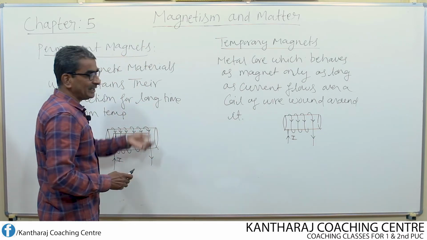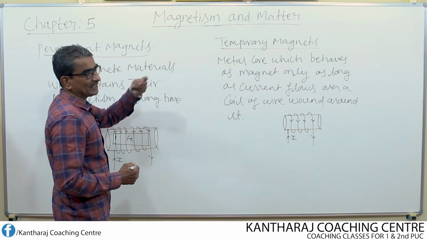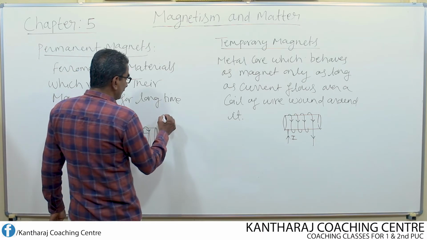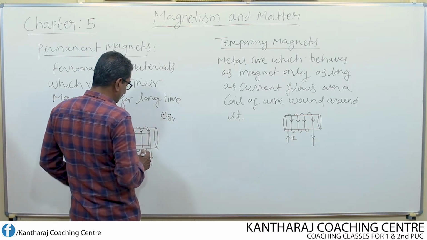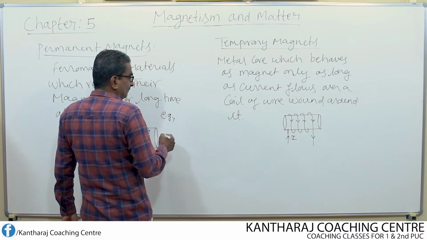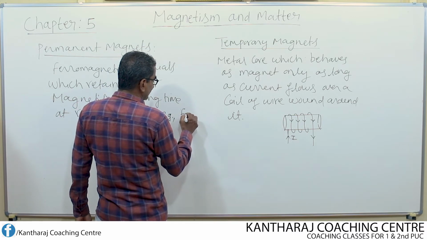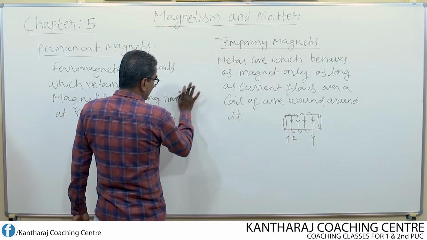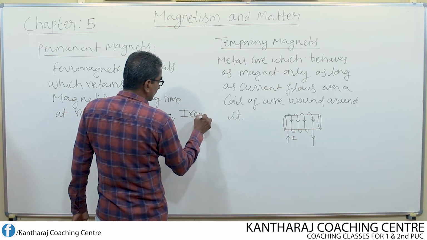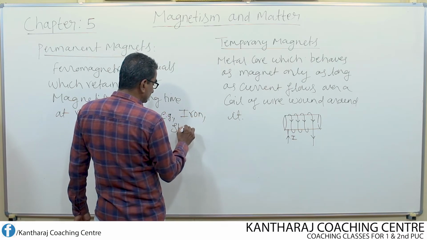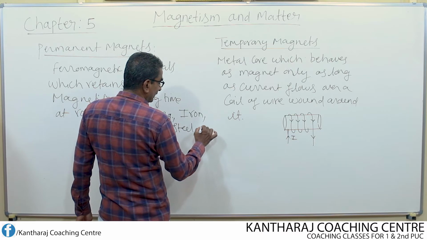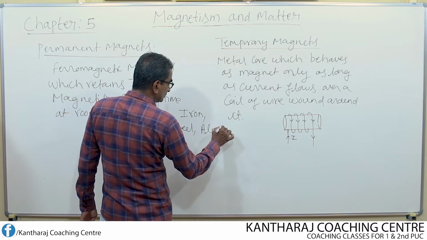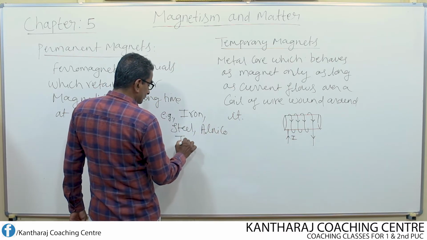Then we can give many examples for permanent magnets as well as for temporary magnets. What are the examples? We can give examples like iron, steel, alnico, ticonal.